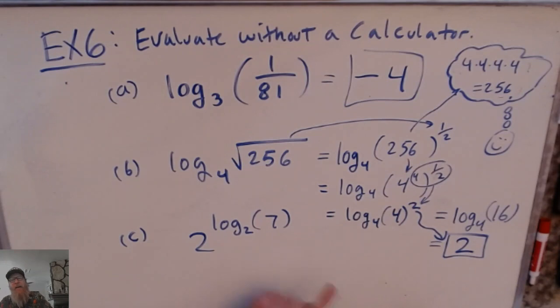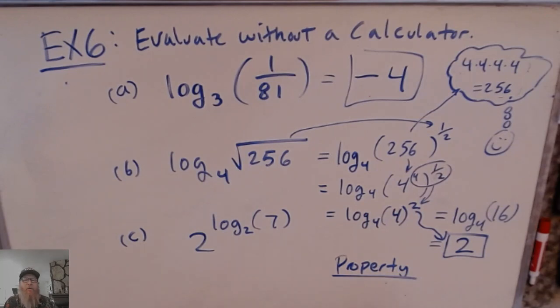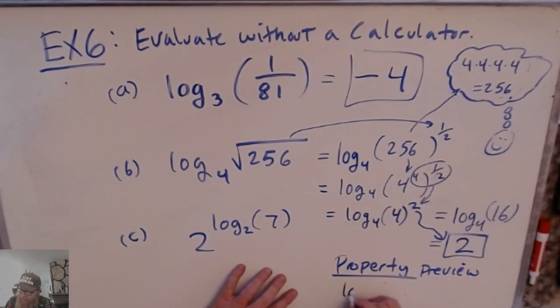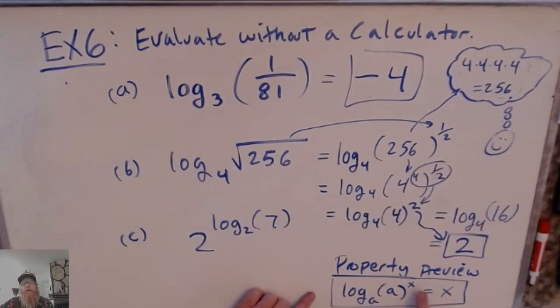And so we have a nice property that we'll make official in a couple more lectures, but we might as well see a property preview. We'll see it a little bit early. If you have log base A and the argument is also A to an exponent, then you just get whatever the exponent is.